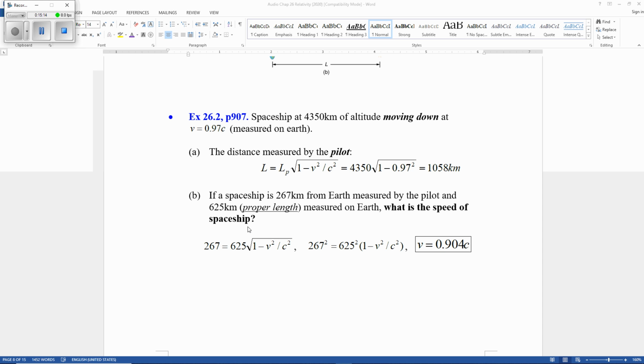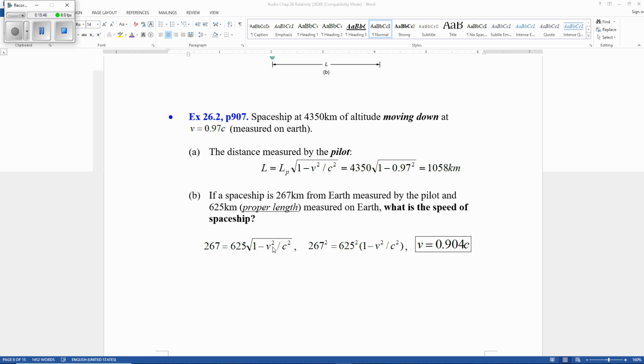Let's see. We use the same equation: L measured by the pilot, L_P measured on the Earth. We plug in the numbers 267 and the proper length from Earth, 625. This time we want to solve for v. How can we solve this? Now it's just mathematics.